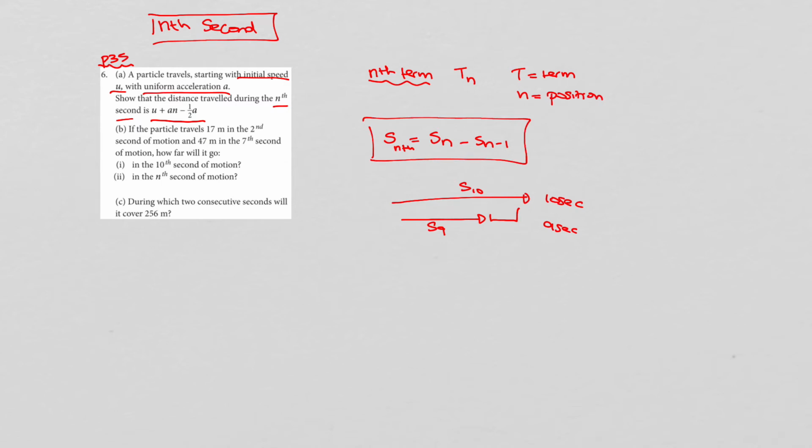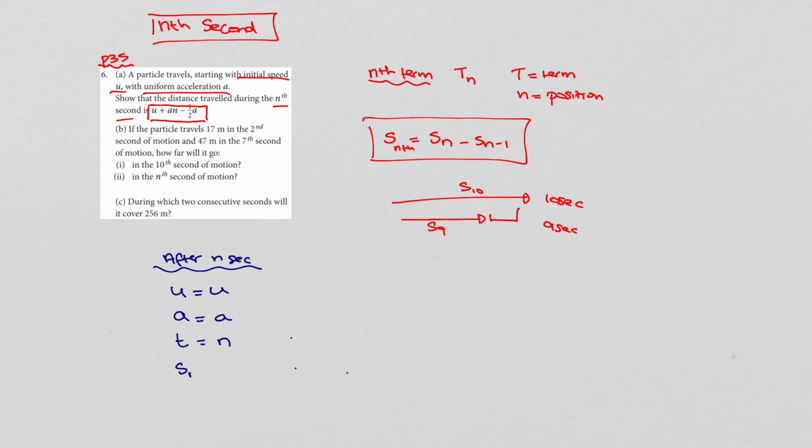Okay, so to prove this is going to equal u plus an minus a half a, what we want to do is find how far has it gone after n seconds. So say it was 10, we'd work out for 10 using s equals ut plus a half at squared. So we know the initial velocity is u. We know that the acceleration is given by a. The time that it's travelling for is going to be n seconds.